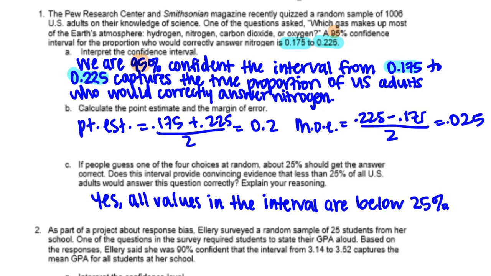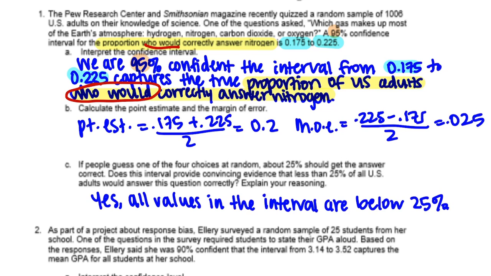And then we always say it captures the true proportion of US adults who would currently answer nitrogen. I just added the population in there because it should be a little bit more specific so that it includes all the information. And then it's really key that we say who would, not who did. So it's who would answer.